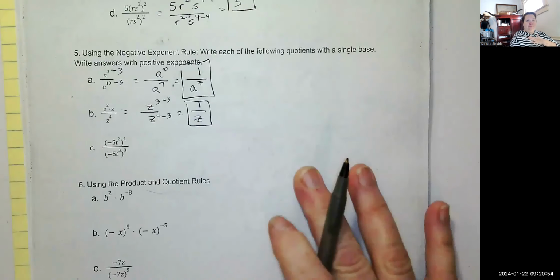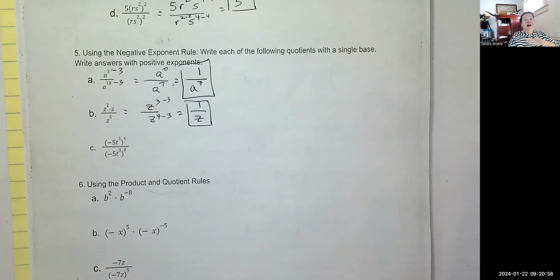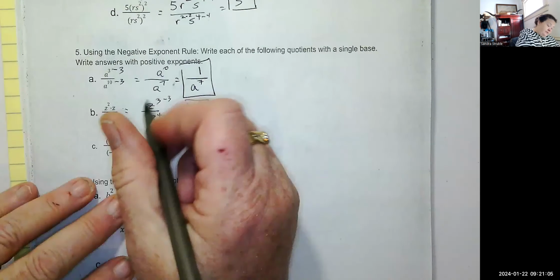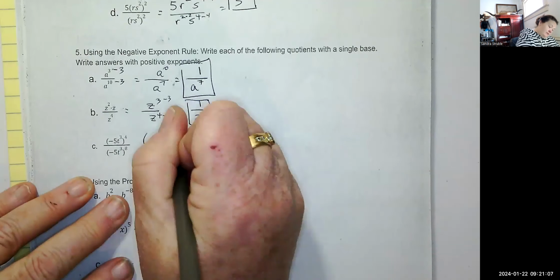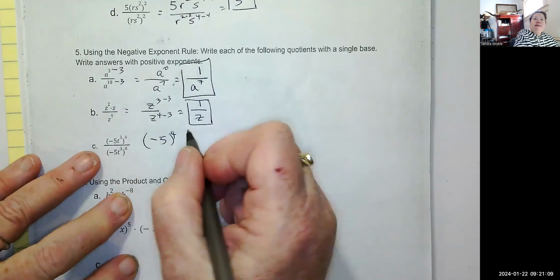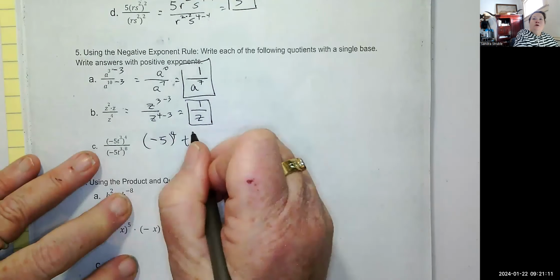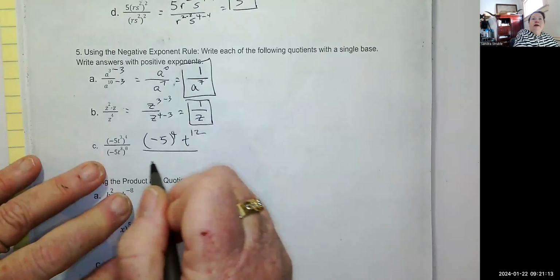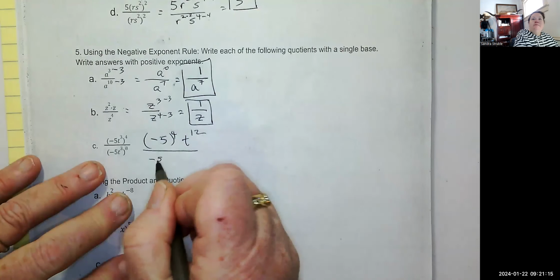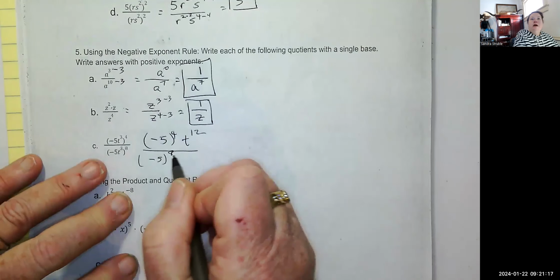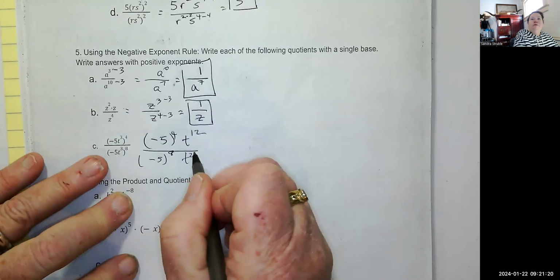Okay, -5t cubed to the 4th over -5t cubed to the 8th. So I'm going to take that -5 to the 4th. And then I've got t to the 12th, 3 times 4, over -5 to the 8th. And then t to the 24th.